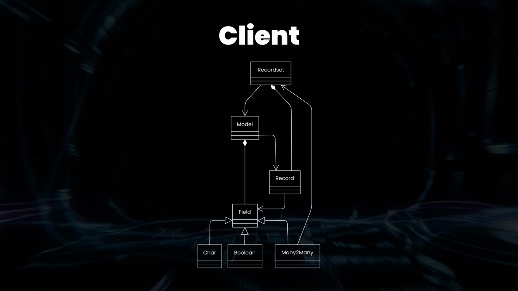Now, at this point, everything might seem straightforward. But here's where things become more interesting. This entire structure is recursive. A record can contain relational fields. Those relational fields reference other models. Those models define their own fields, some of which may also be relational. So the structure can expand indefinitely. If you've been following this series, you may recognize this pattern.